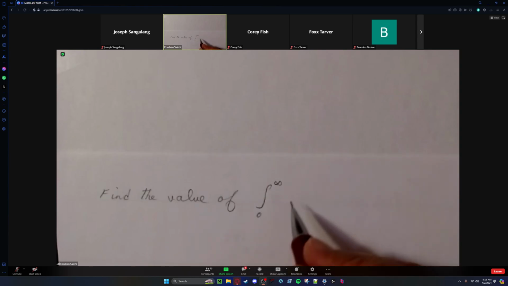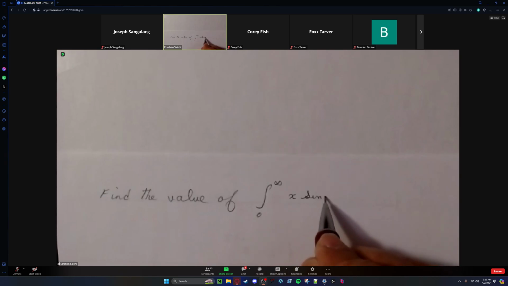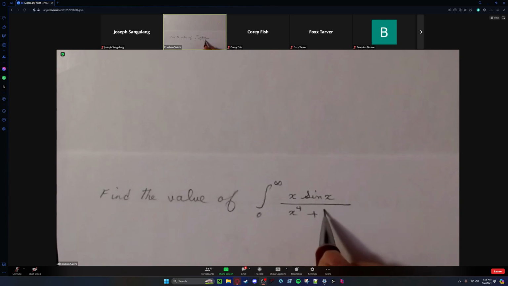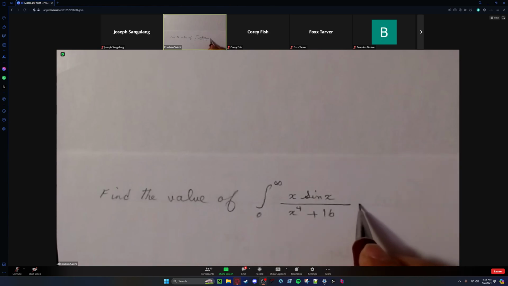The function that I'm using would be x sine x divided by x to the 4 plus 16 dx.